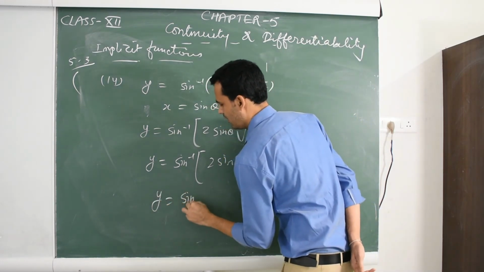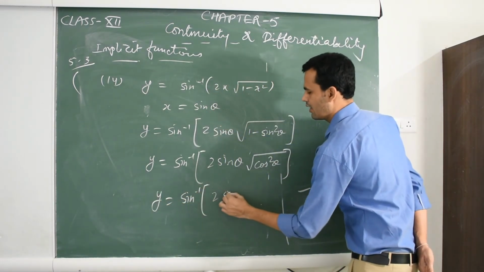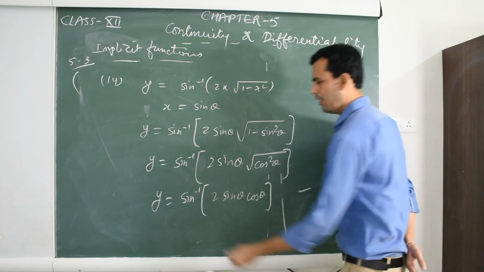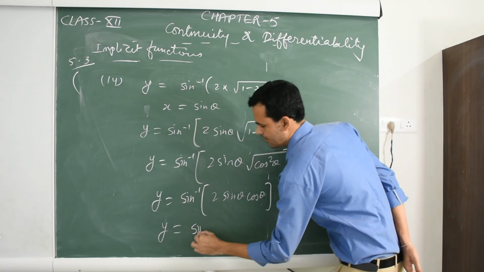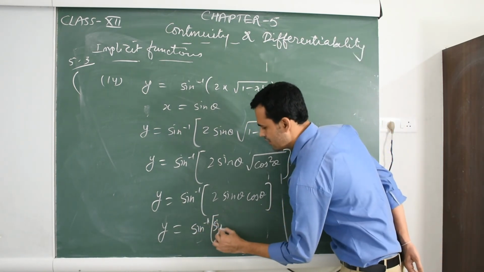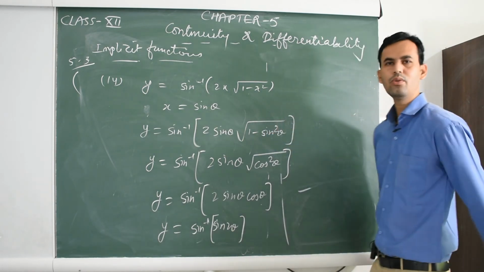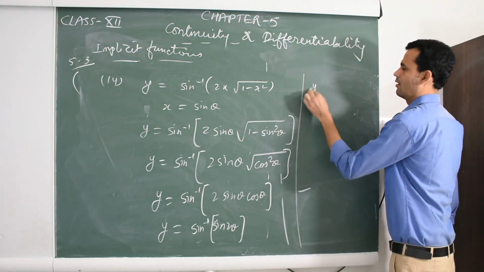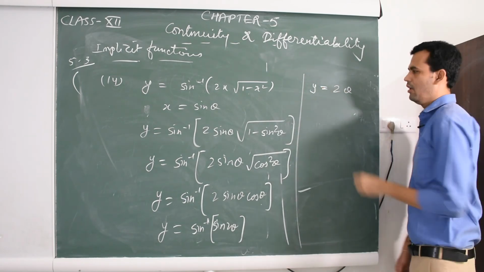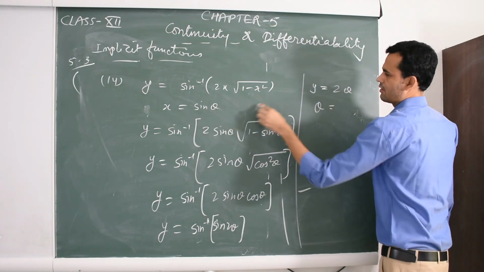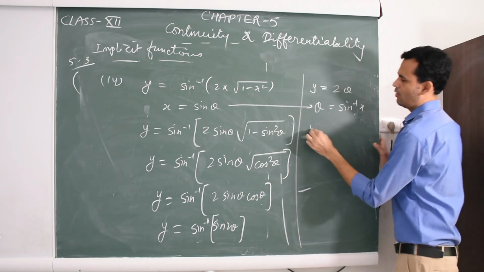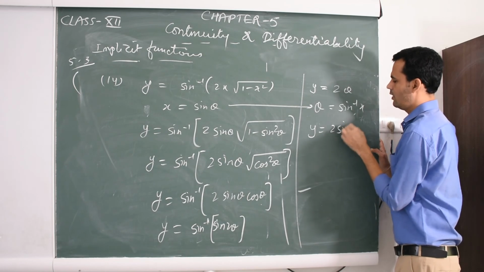So sine inverse of 2 sine theta cos theta, and we know that 2 sine theta cos theta is sine 2 theta, and sine inverse sine 2 theta is 2 theta. The value of theta from this is sine inverse x. So now y equals 2 sine inverse x.